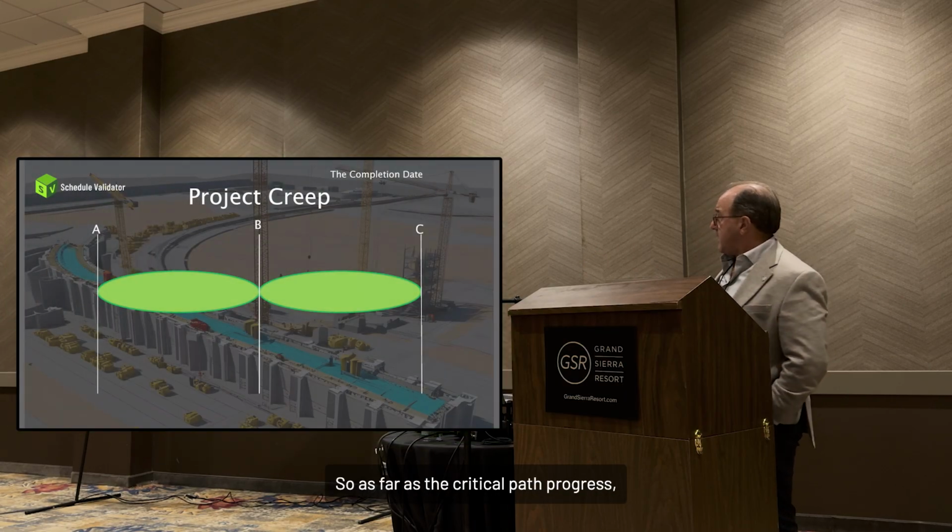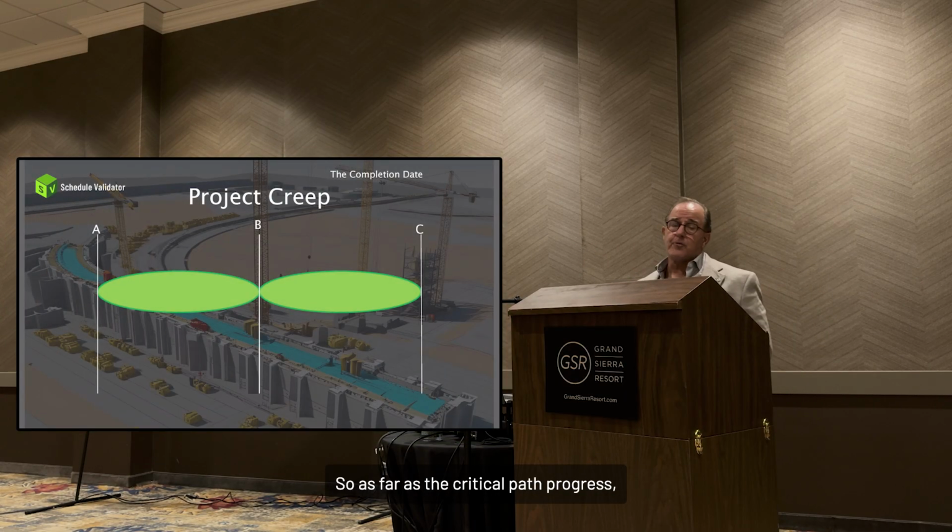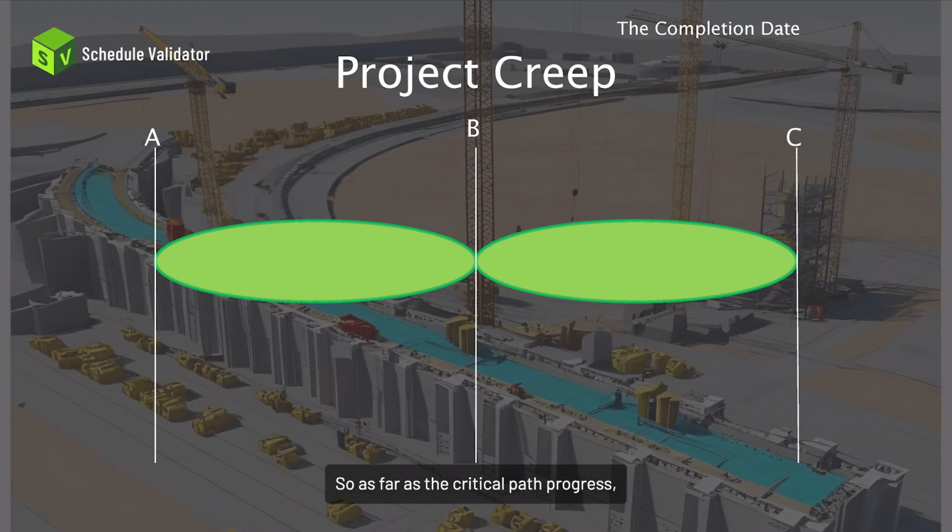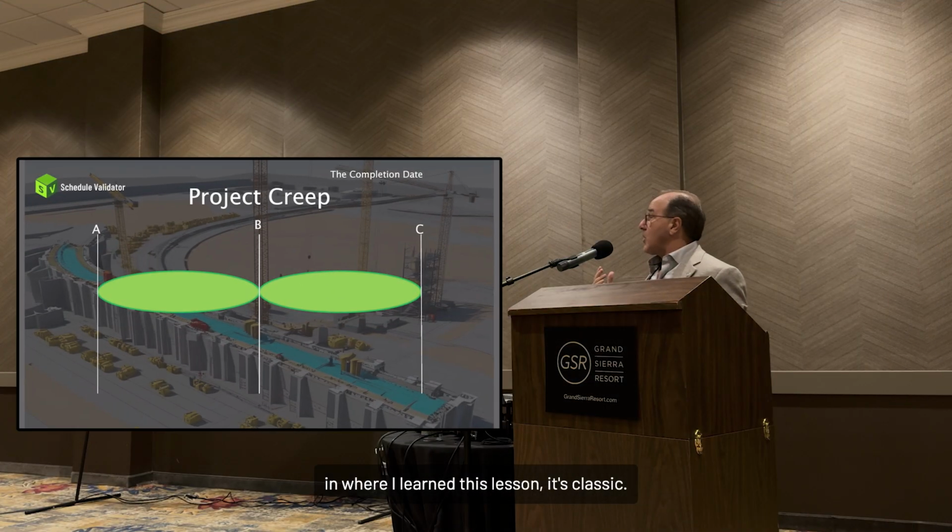So as far as the critical path progress, this is a very non-technical term, I call it project creep. I tell the story of the scenario I was involved in where I learned this lesson. It's classic.